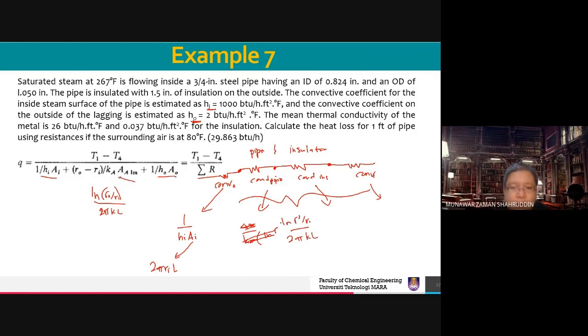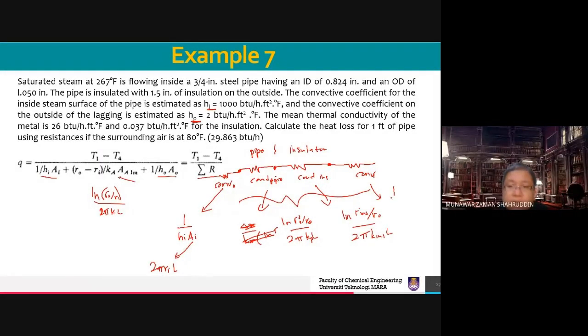Okay. RI bagi R0 lah. Macam tu. Okay. Dan yang ini ln R insulator bagi R0. Okay. 2 pi K insulator L. Yang ni K pipe. Okay.